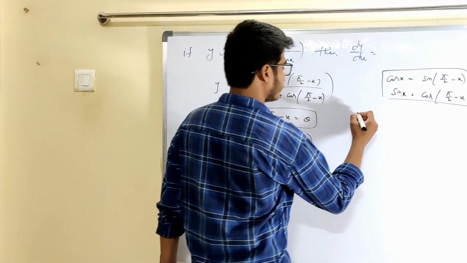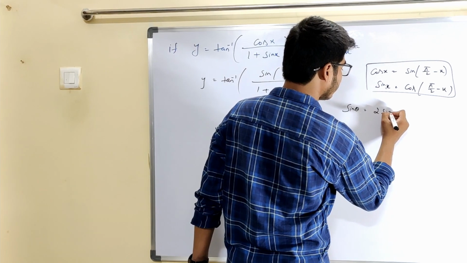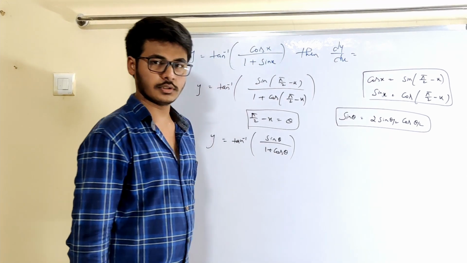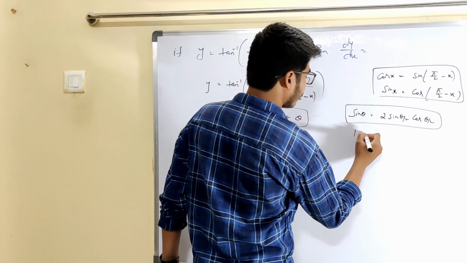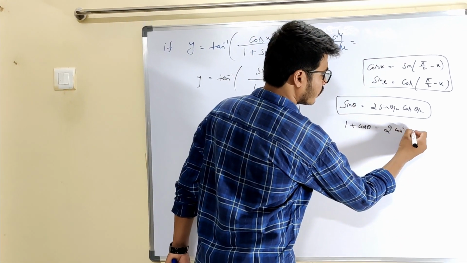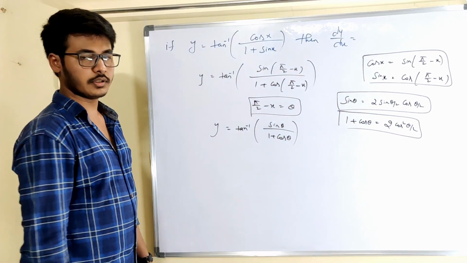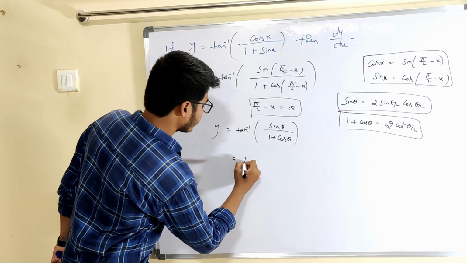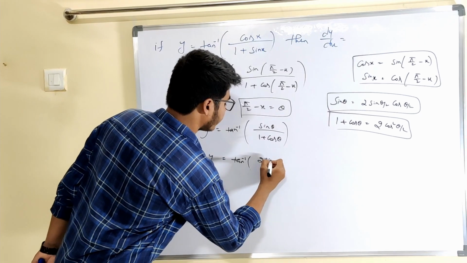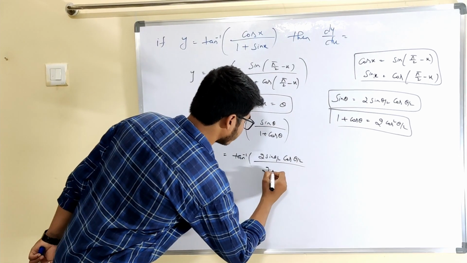We know sin theta can be written as 2 sin theta by 2 cos theta by 2, and 1 plus cos theta can be written as 2 cos square theta by 2. Now we substitute that. y is equal to tan inverse of (2 sin theta by 2 cos theta by 2) divided by (2 cos square theta by 2).